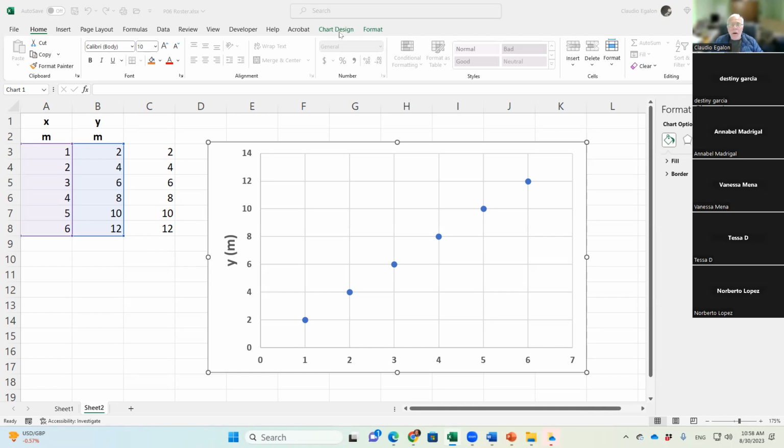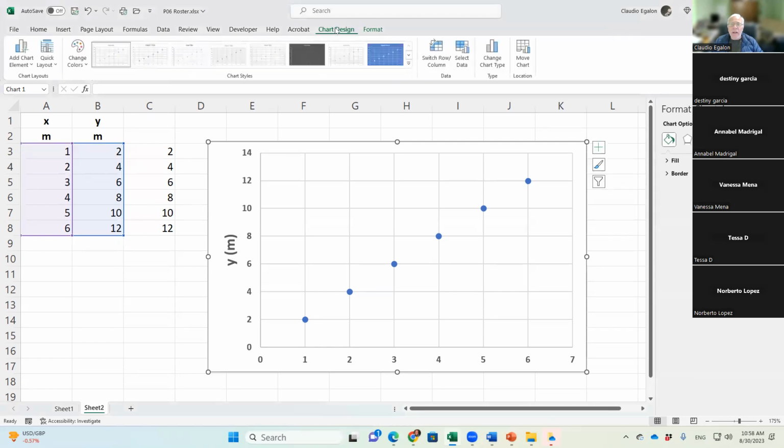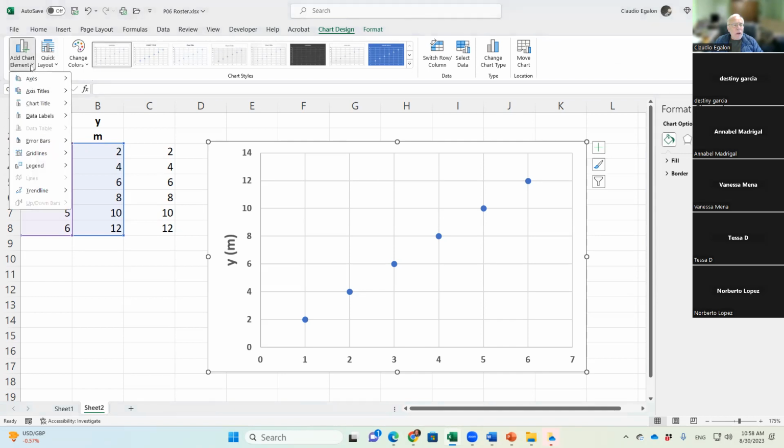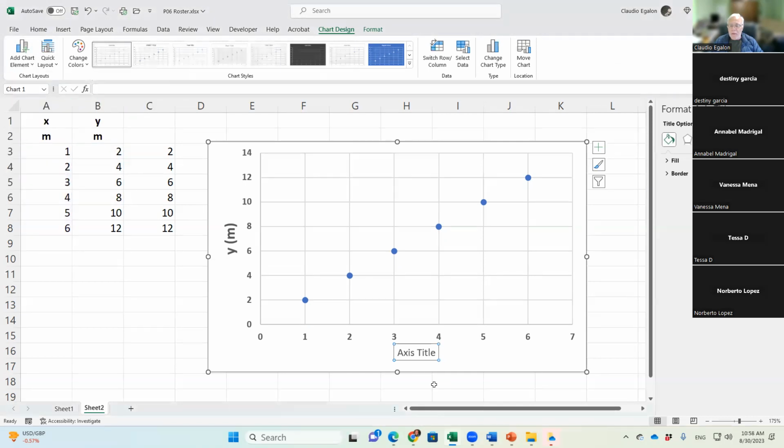I see it. Okay, now click on chart design. In Windows, we have this add chart element that shows up on the extreme left. Do you see that? Yeah. Okay, drop down window, axis title, primary horizontal. Did you get that? Yes.